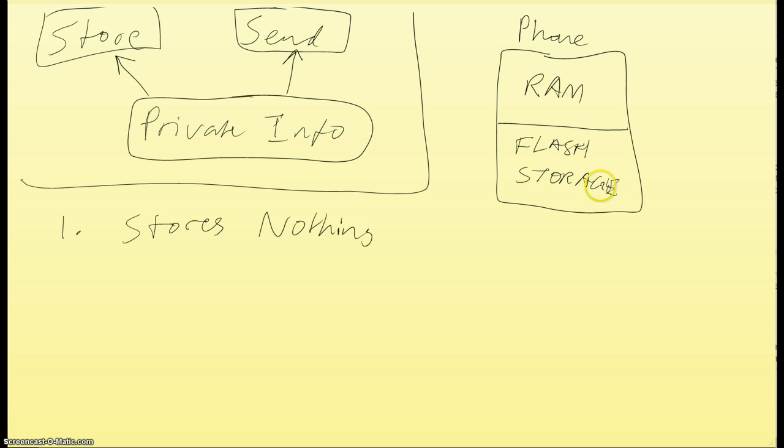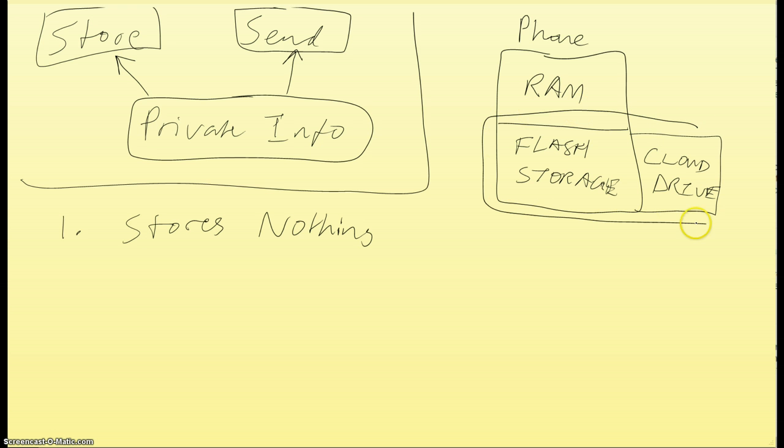And last time we didn't talk about this, but there's actually a third part here, which is cloud. Right, so cloud drive. If you're on Google system, they give you Google Drive and you can save your file straight to it. But these two are kind of the same, because they're what we call secondary storage.